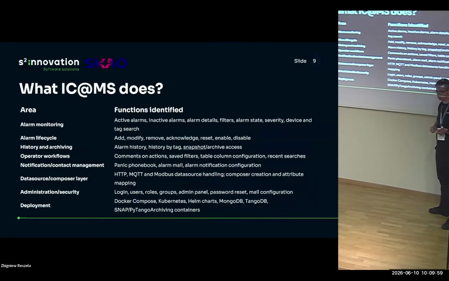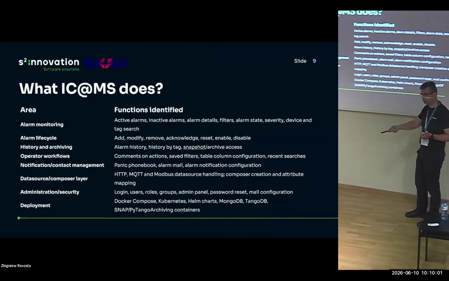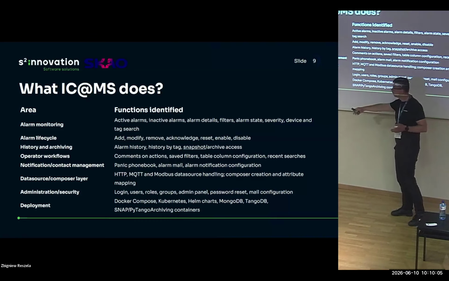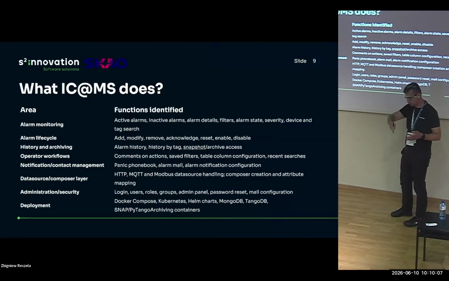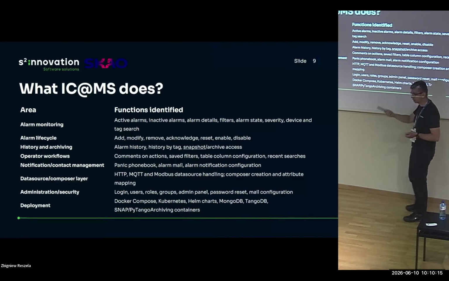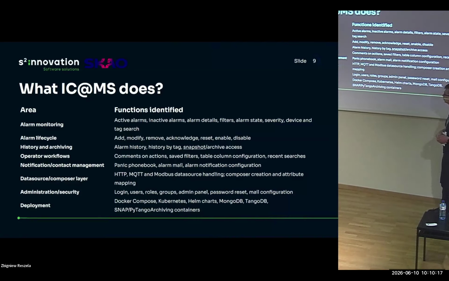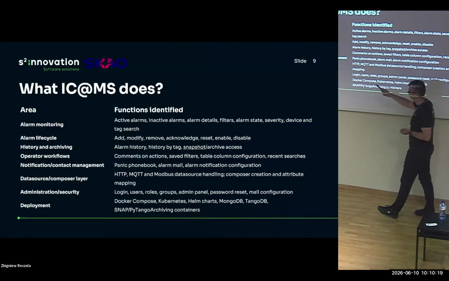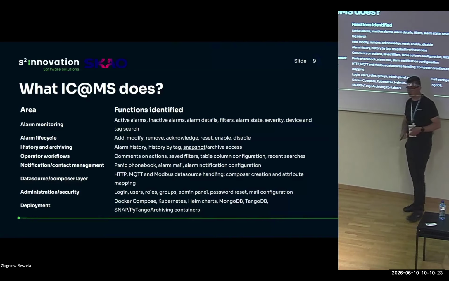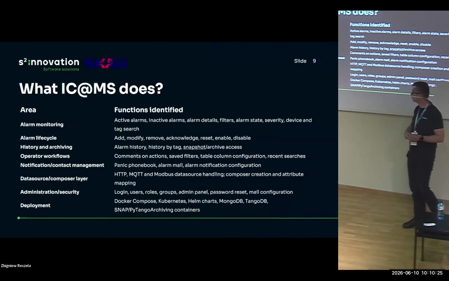We implemented also the snap, so if you are using snap, you can have it. Then the full operator workflow: what should be done, who is handling the alarms, and so on. Notification: the phone book, the mail, you can have the SMS gateway, and so on. Plus, there is a data sequencer and composer, something that is already built into the ICAMS.